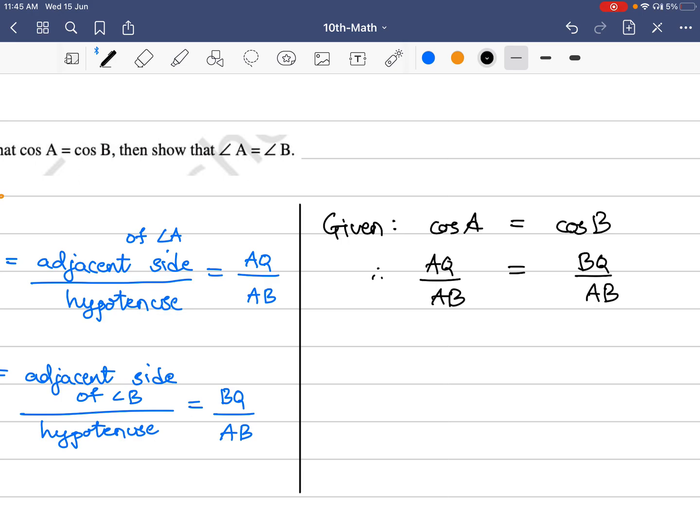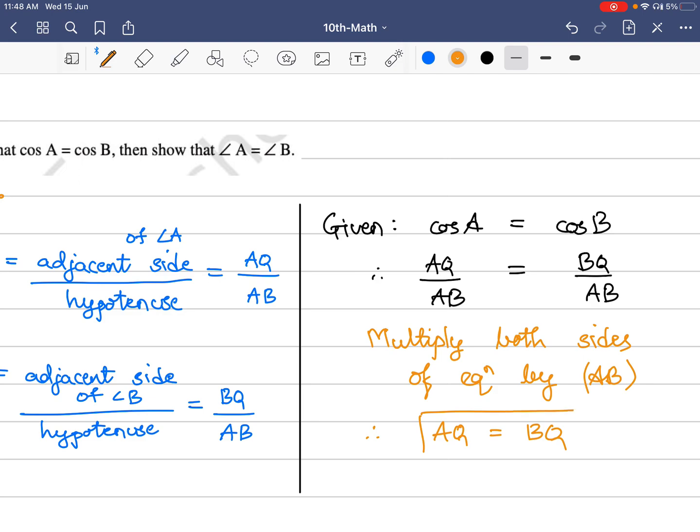And now, if you multiply both sides of the equation by the denominator AB, so AB is some value, we are going to multiply both sides. And thus, by doing so, both AB get cancelled out. So we get AQ equal to BQ.